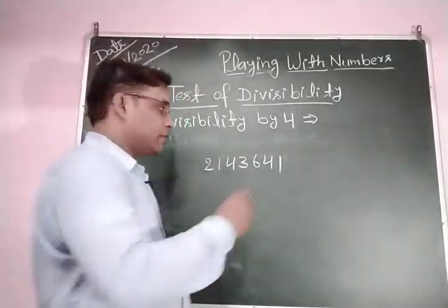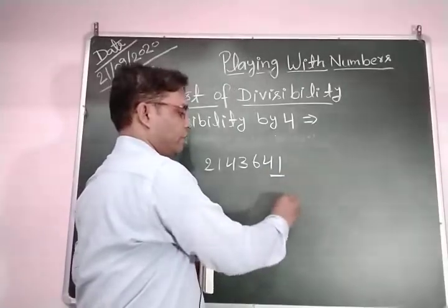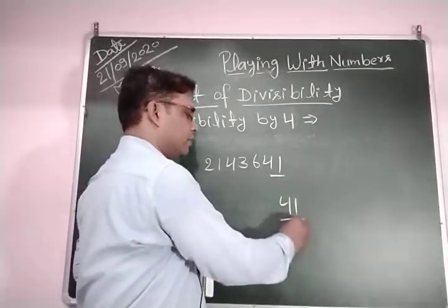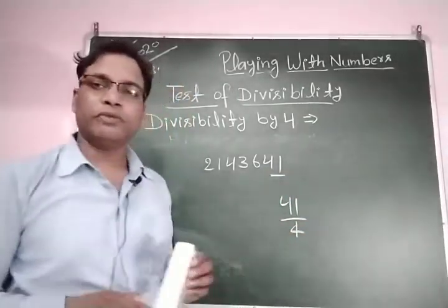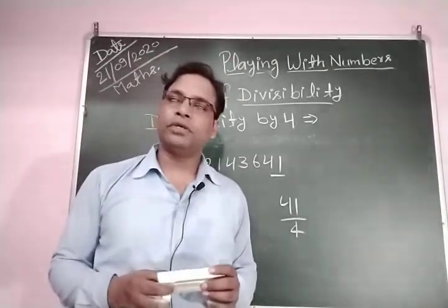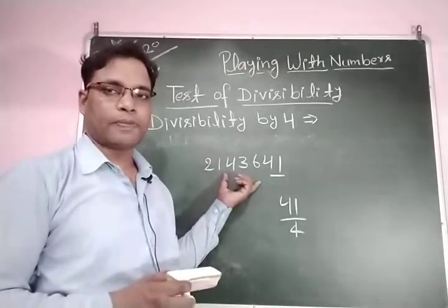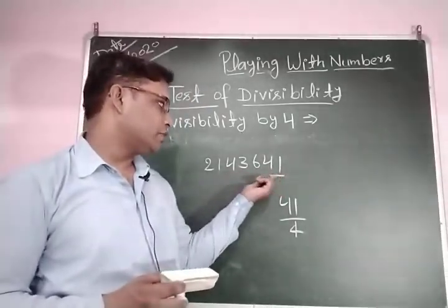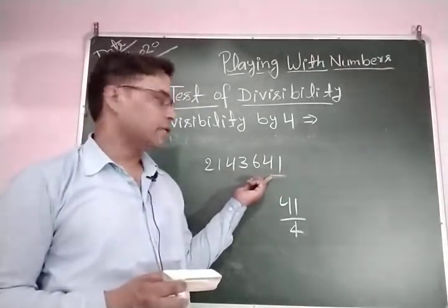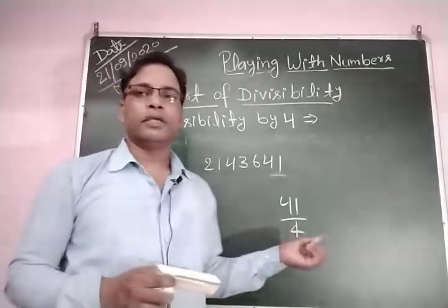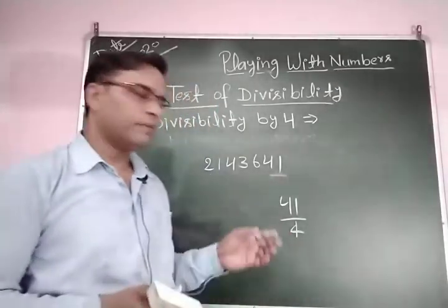This is 41. If you divide 41 by 4, it is not divisible by 4. Because 41 is the last two digits of this number, and 41 is not divisible by 4, this number is not divisible by 4.